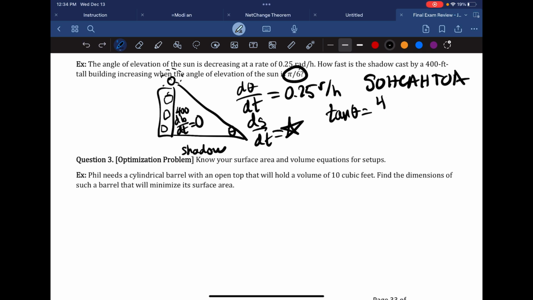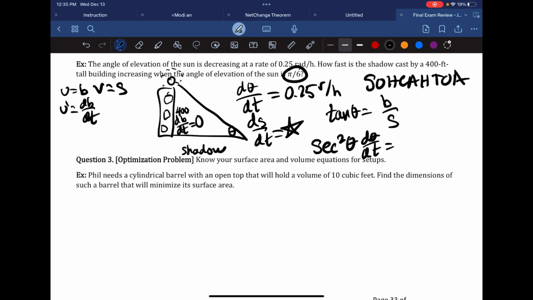But actually, before we do that, let's just do b over s, building over shadow. And now we're going to take the derivative of this. So we get secant squared theta times d theta dt equals, and this is going to be a quotient rule where u equals b, v equals s, u prime equals db dt, v prime equals ds dt, and that's u prime v minus u v prime over v squared.